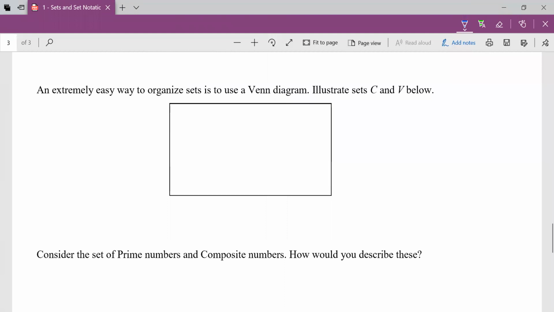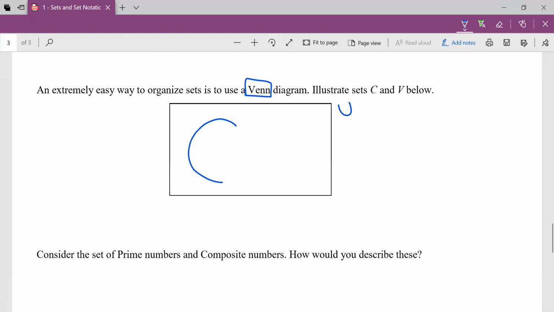Now, an easy way to organize our sets is to draw a pretty picture. We draw something called a Venn diagram, which I'm sure you've seen before. First thing we do is put a box around our sets, because that's the universe, and out here we label capital U for the universe.